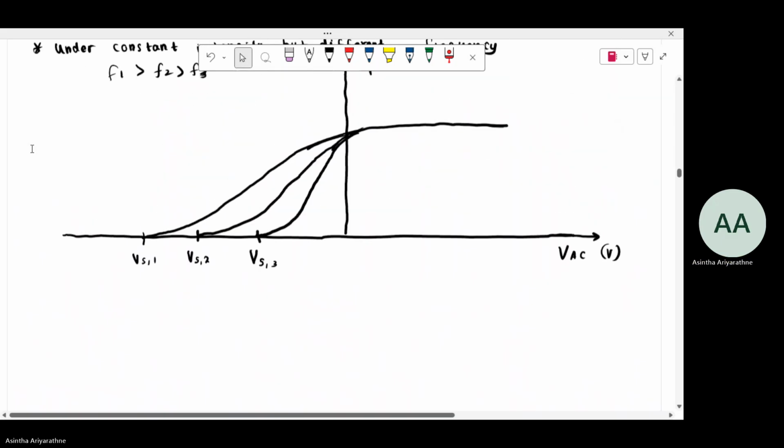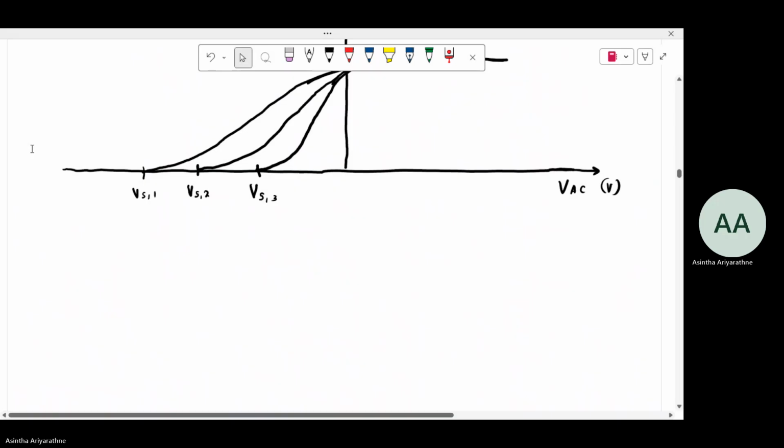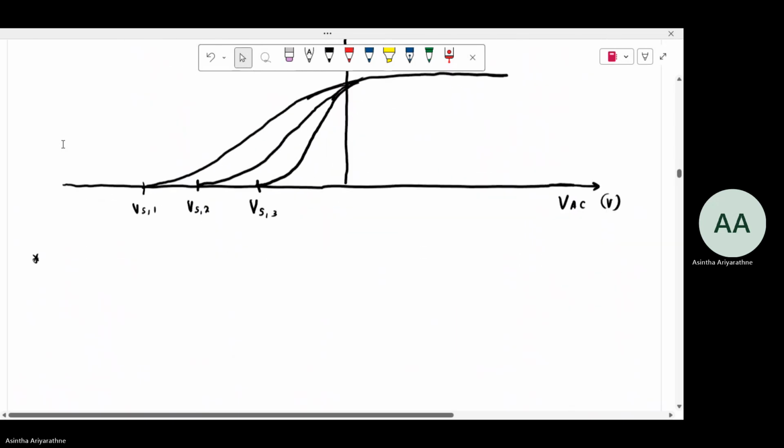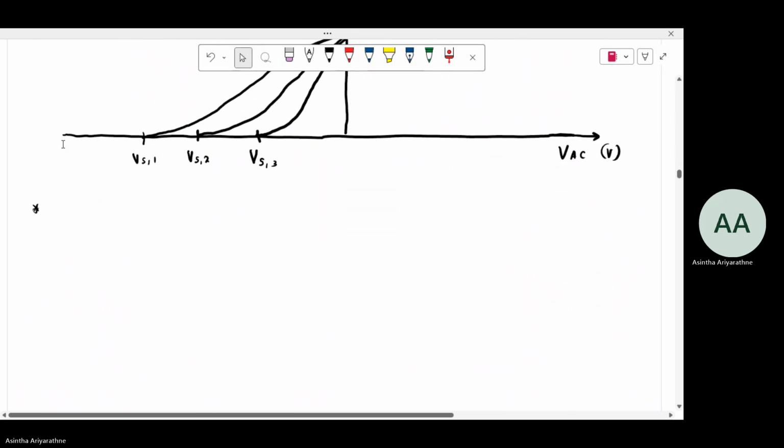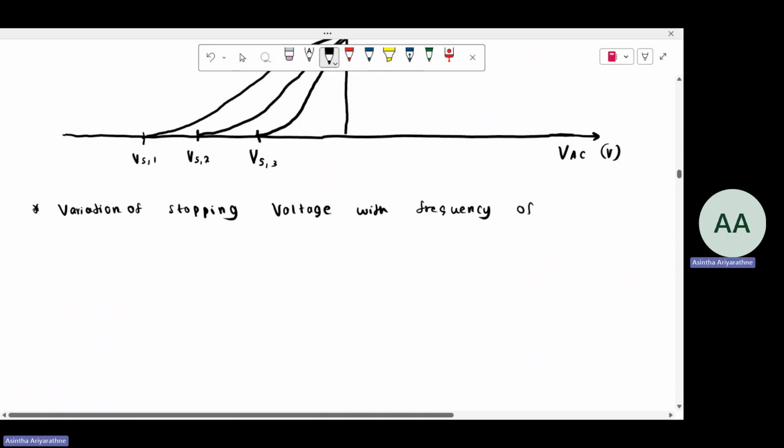Right. So let's see the variation of stopping voltage with the frequency of the electromagnetic wave.